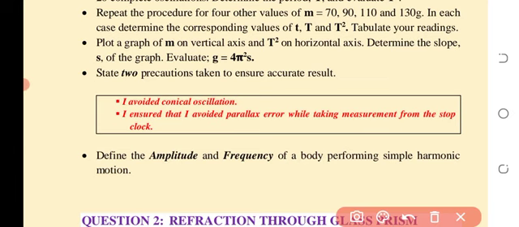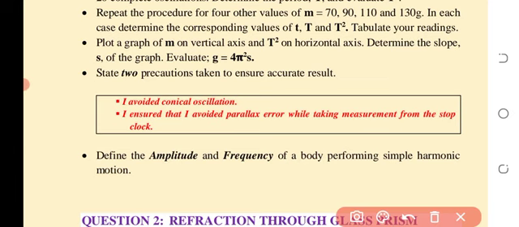The second precaution, which is general for almost all the experiments: I ensured that I avoided parallax error while taking measurements from the stop clock. That is, you can avoid parallax error while using any analog equipment like our voltmeter, ammeter, even meter rule, and our analog stopwatch.